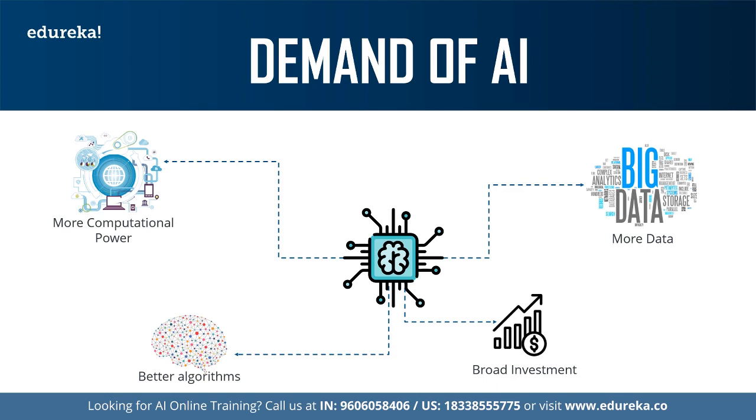AI not just transformed the tech industry, but also logistics, supply chain, manufacturing, pharmaceutical, and aviation industries, and whatnot. Now AI is getting implemented in every company. That's the major reason for the demand for AI. By the end of 2020, there will be nearly 2.3 million jobs coming into AI.